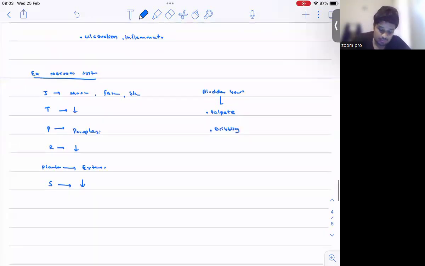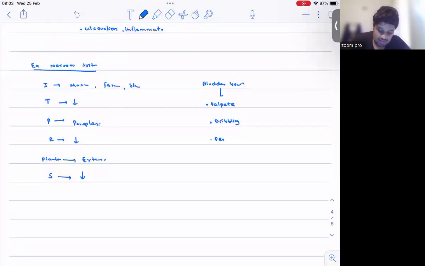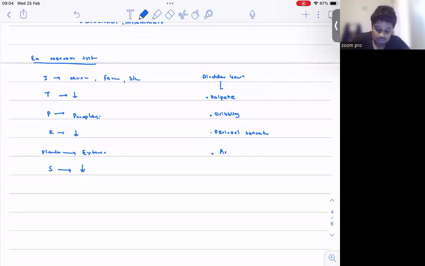Then perineal sensation, which is lost here, and the anal tone, which is also diminished. So those are the specific examination points you should cover here, right?